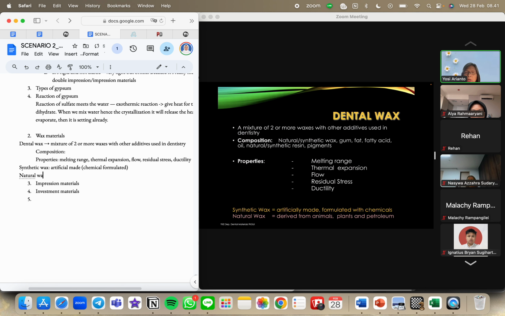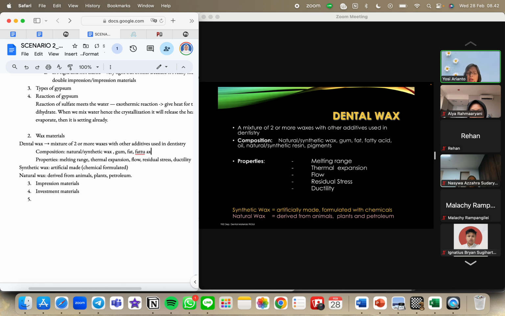wax will open and release the stress. They still have residual stress, so they will release the stress, and the bending is open again.